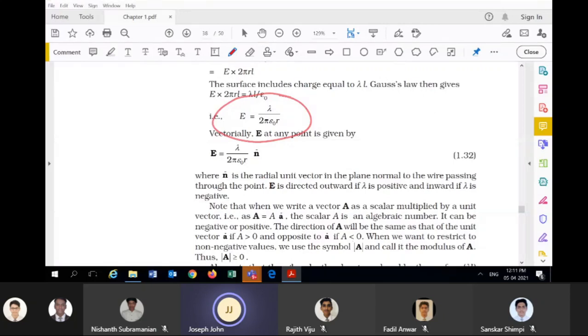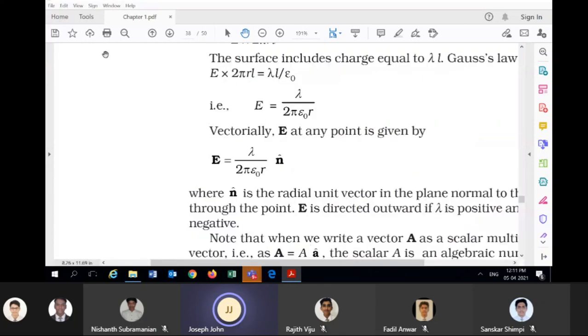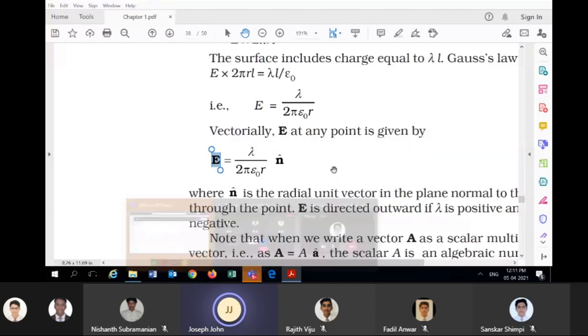Okay, can you write in vector form? Can you write one more sentence, in vector form. Not compulsory, but you write this one also. Can you put a vector sign for E? E is equal to lambda by 2 pi epsilon 0 r into n cap, where n cap is the radial unit vector.